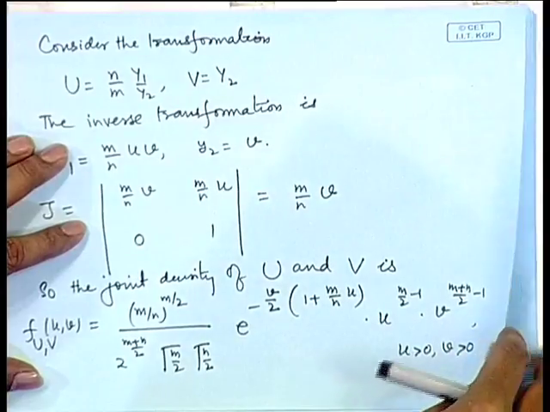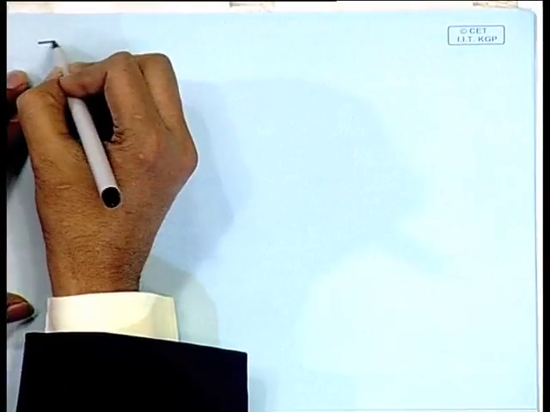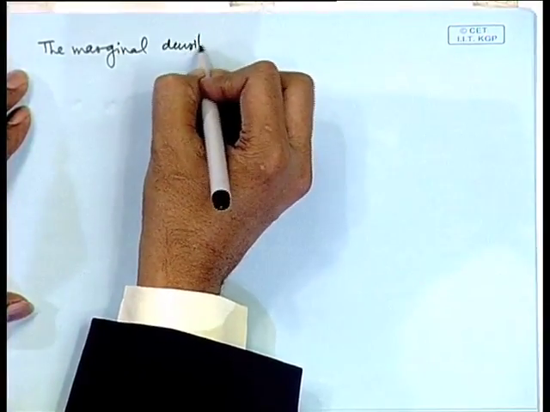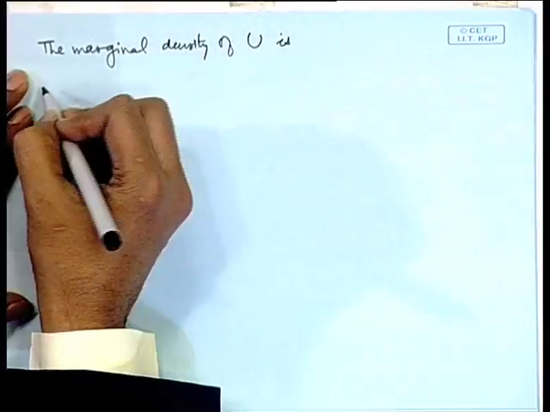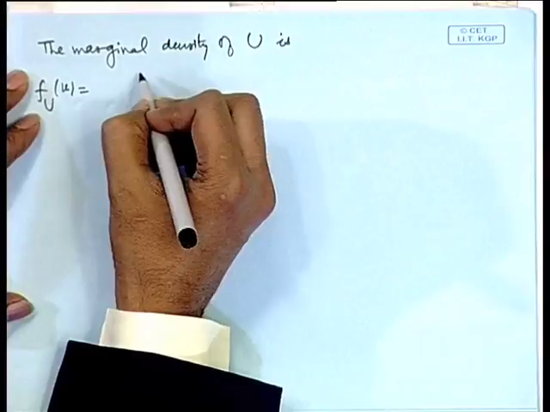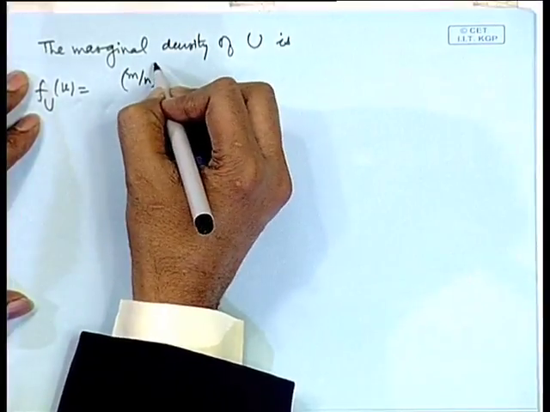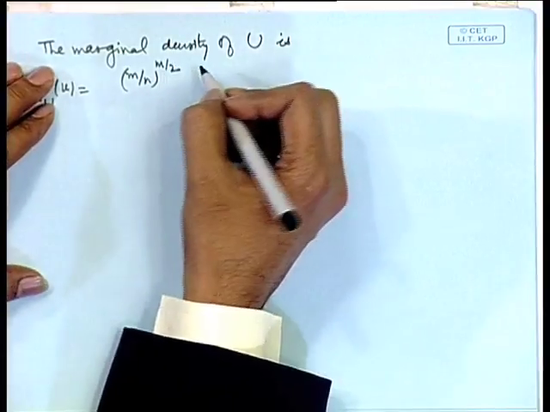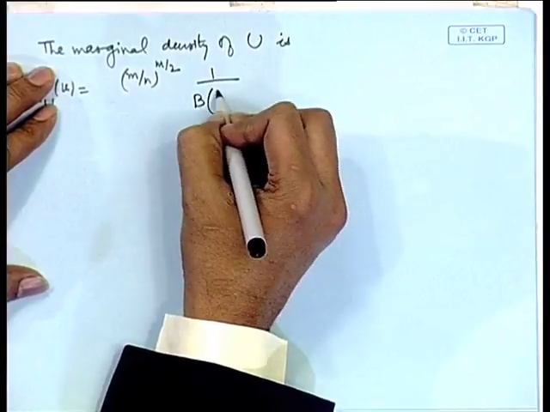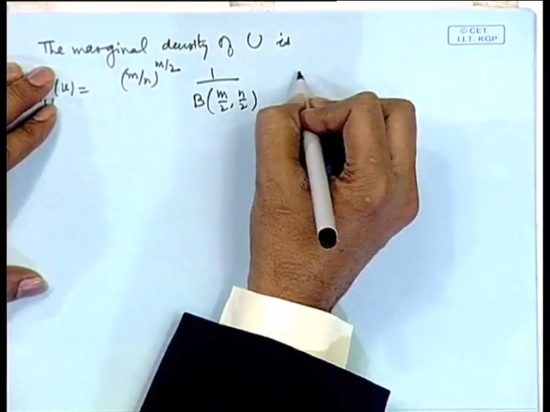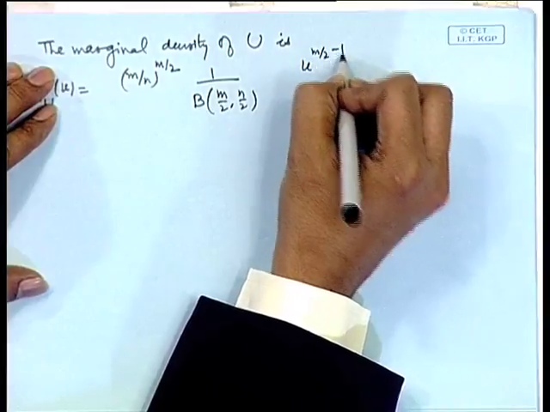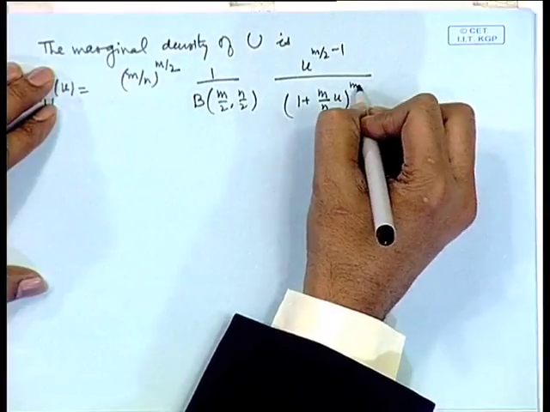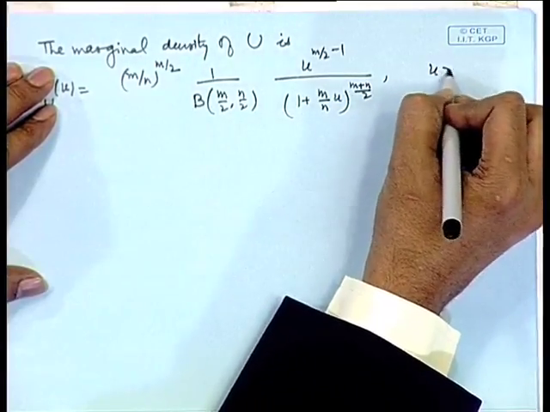So, using the standard argument, the marginal density of u is f u is equal to m by n to the power m by 2, and after the cancellation of the terms we get 1 by beta m by 2, n by 2, u to the power m by 2 minus 1 divided by 1 plus m by n u to the power m plus n by 2, for u positive.